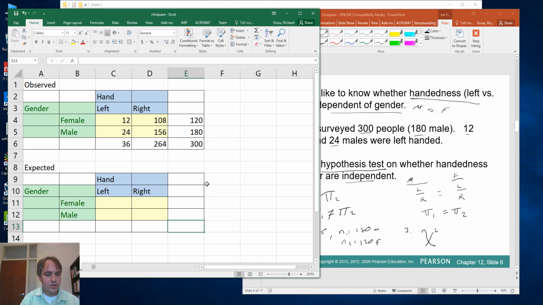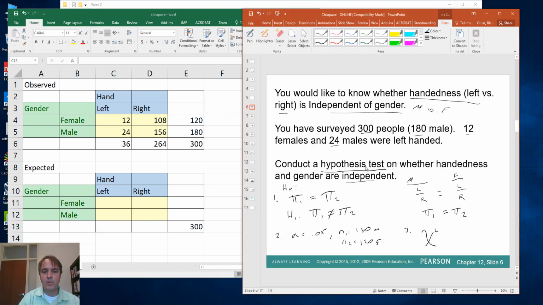Once again, we're going to have this 300 down here in the lower right. But what we need to figure out is, if it really is the case that handedness and gender are independent, then under the null hypothesis, the proportion of males who are left-handed is going to be equal to the proportion of females who are left-handed.